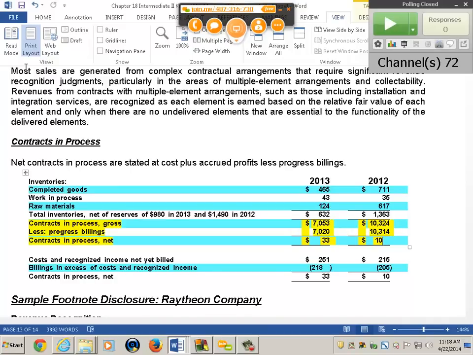Why would you credit an account? Why would you credit CIP? What's that? Yeah, you could have had a contract completed. Or what else? Let me negotiate. What do we see in our example? In year 2, there was a loss, right?